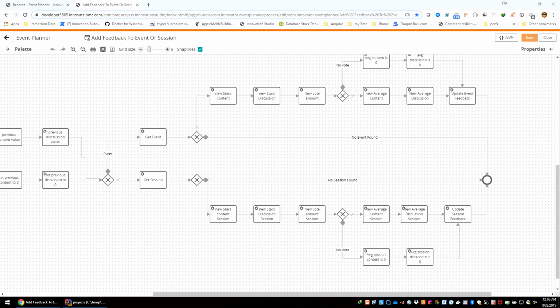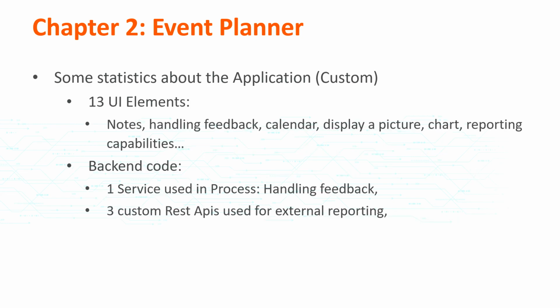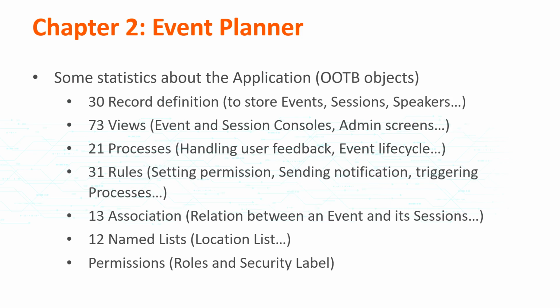But now, within all these objects, I had to code 13 UI elements and 1 custom service. I also had to create 3 custom REST APIs used for external reporting. But when you take those 17 custom objects and compare them to the full application, it's not that much. But not that much is actually very important for this application. That's why BMC Helix Platform is really cool, in my opinion.